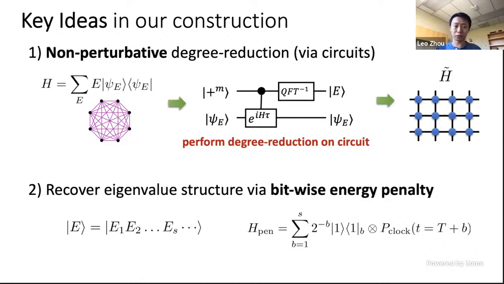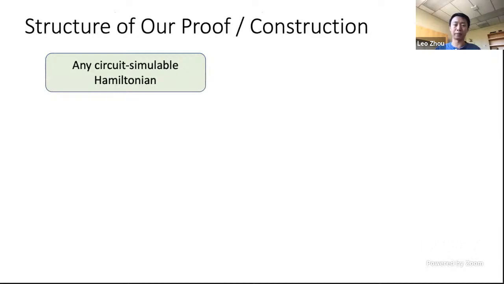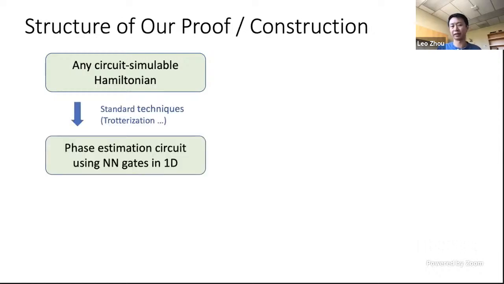So using these two key ideas, we're able to take any circuit simulable Hamiltonian, as long as you have an efficient circuit for the e to the iHt, and then, using very standard techniques like Trotterization, map it to a phase estimation circuit using only nearest neighbor gates in 1D.